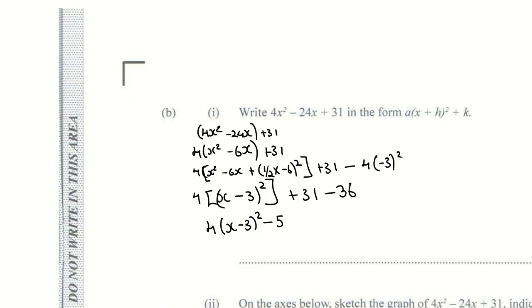Now, guys, the next way that you can do it is, we know that h is equal to minus b over 2a, which is known as your axis of symmetry. So h is minus b over 2a. We know a is 4, b is negative 24, and c is 31. So h would be minus negative 24 over 2 by 4, which is 24 divided by 8.